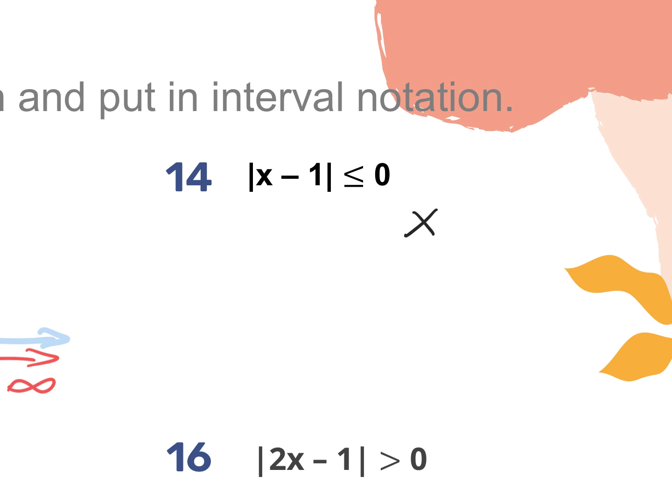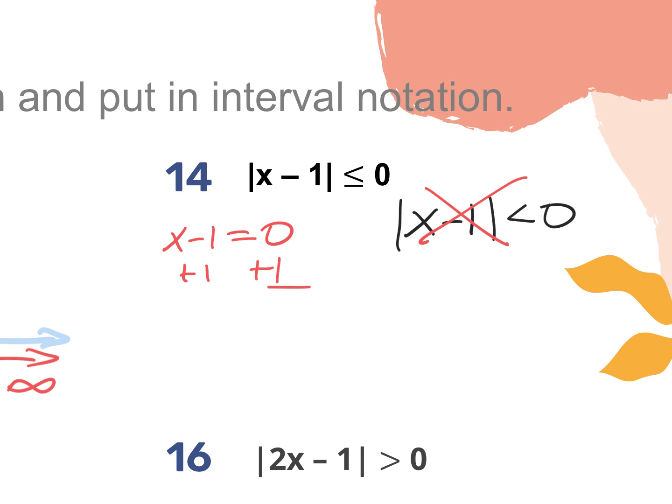This will never, ever give me a number less than 0, so I don't solve that part of it. What I'm going to solve is the x minus 1 equals 0, and x is equal to 1. That will be the only thing that would be the answer to this absolute value. So again, you could put a 1 here, and it would just be that single dot.